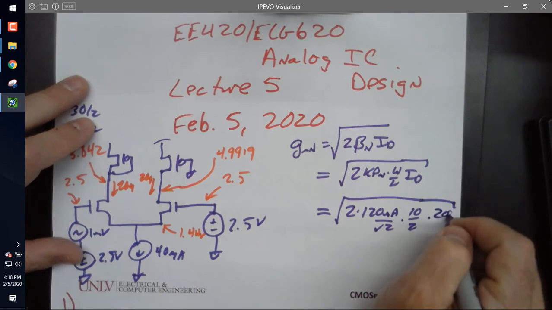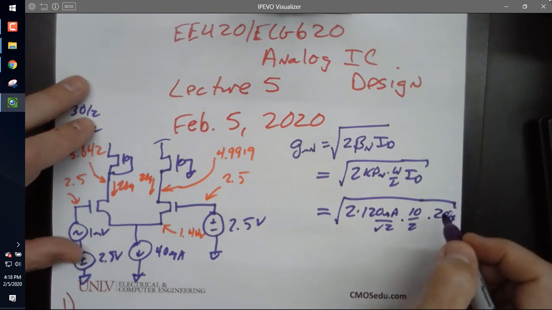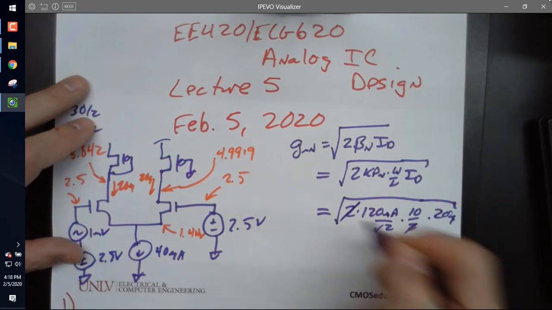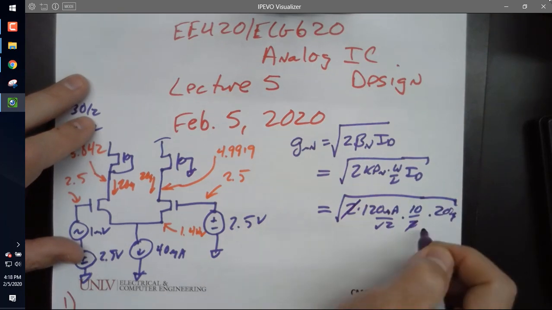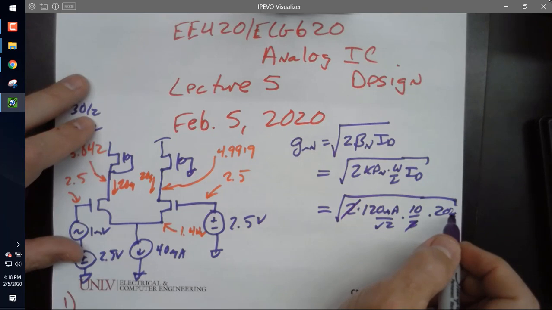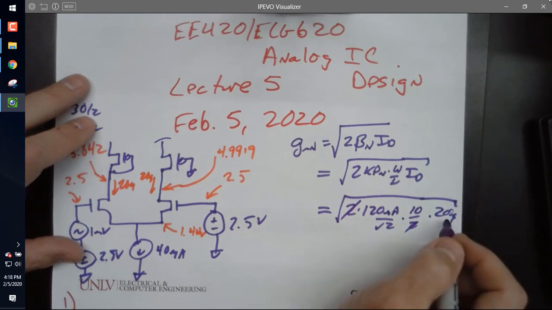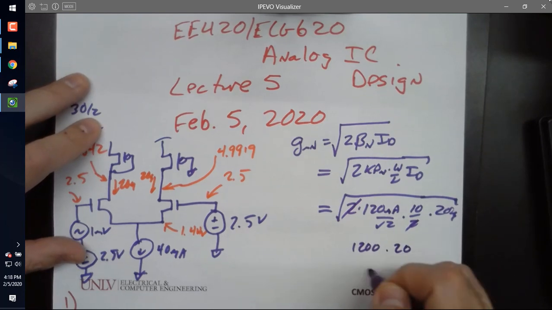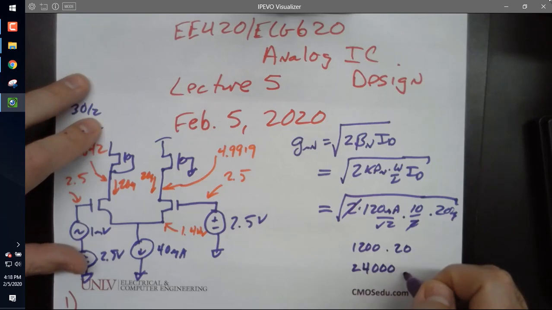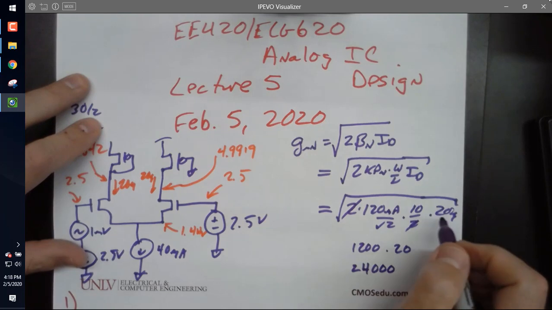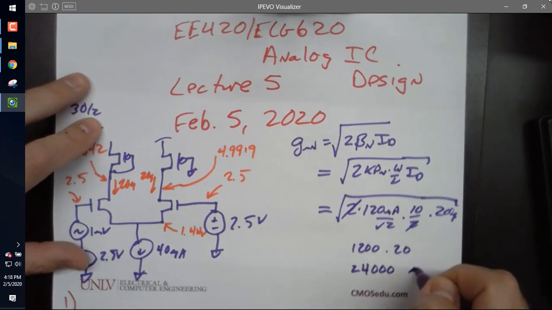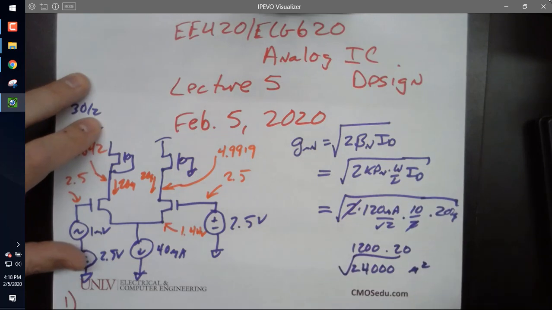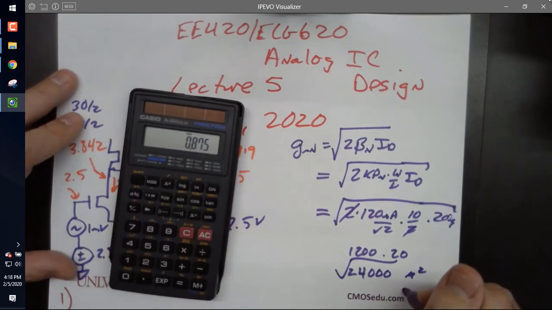Yeah, 20 micro. Let's see if I can simplify my life at all. This cancels. So that gives me 1200 times 20, or 24000. And if I did that right, that's microamps squared. So 24000 microamps squared is microamps.